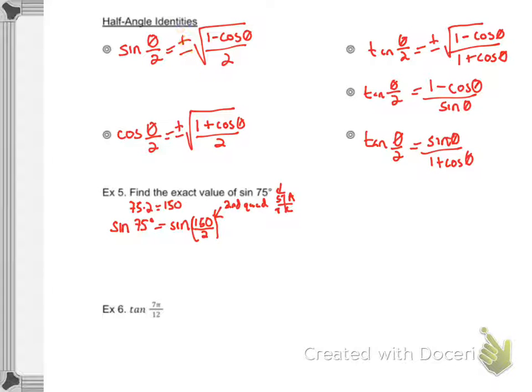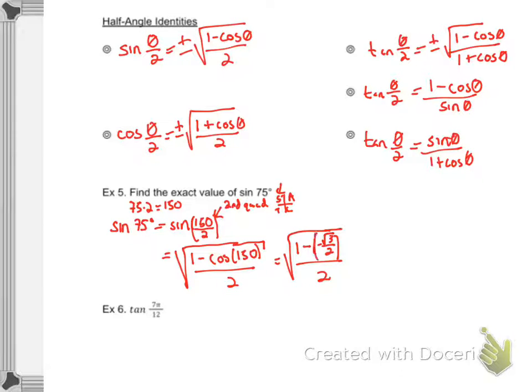So I'm just going to write it out as the square root of 1 minus cosine of 150 all over 2. I've got to go to my unit circle and look at the value of cosine of 150. Okay, so I'm going to rewrite this as 1 minus minus the square root of 3 over 2, all over 2.